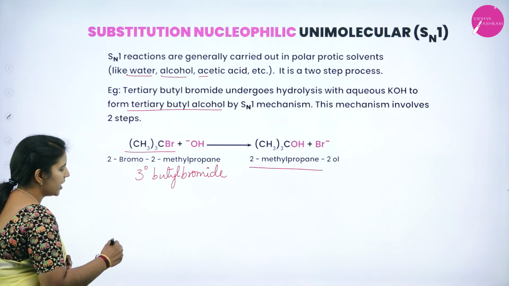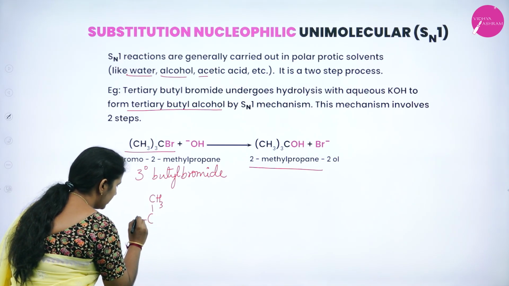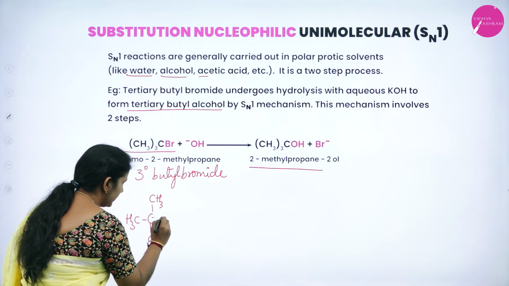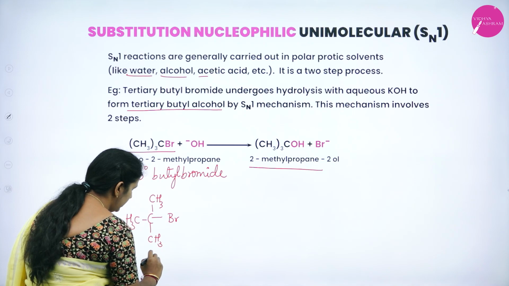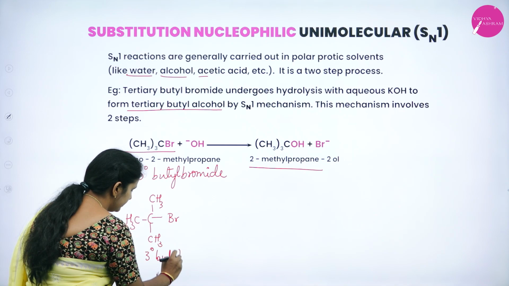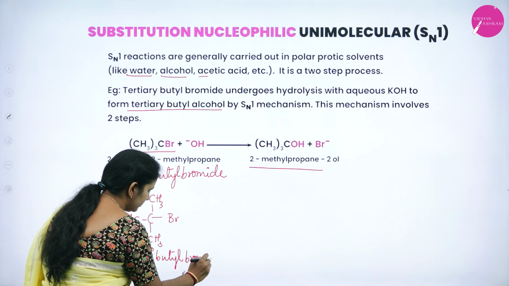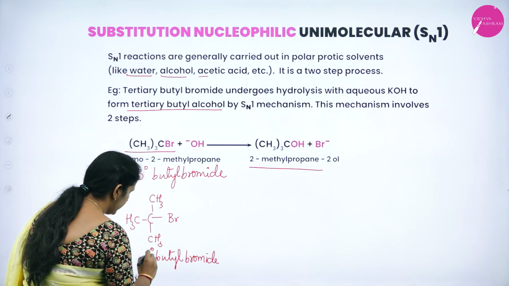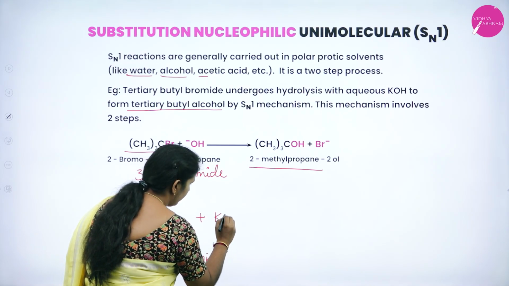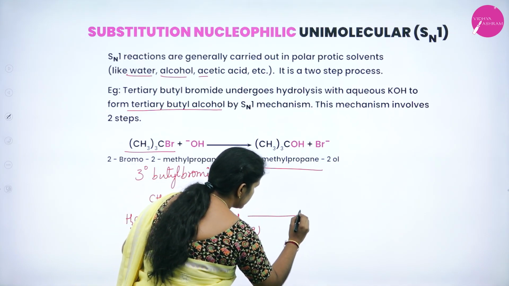I can rewrite this reaction also as (CH3)3CBr, which is tertiary butyl bromide, or you can write t-butyl also. It is allowed to react with aqueous KOH.